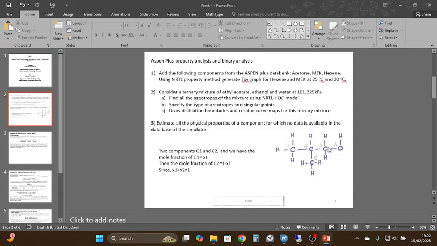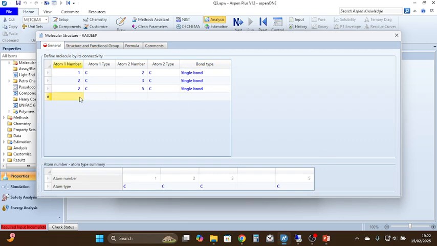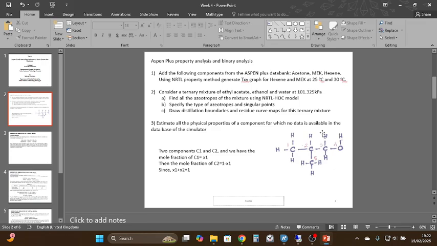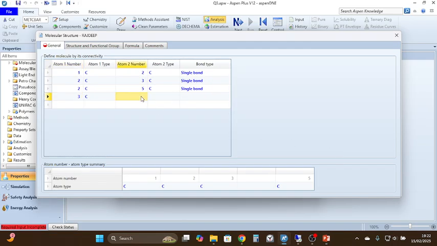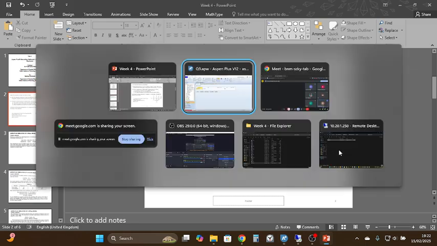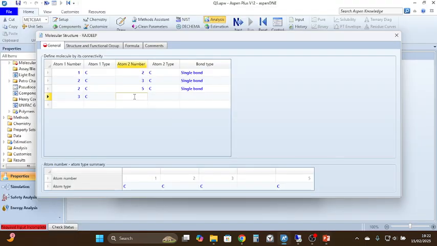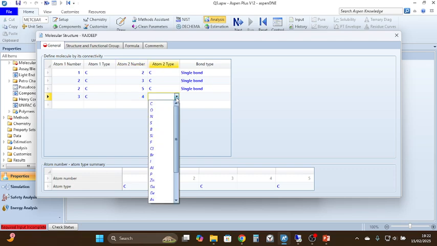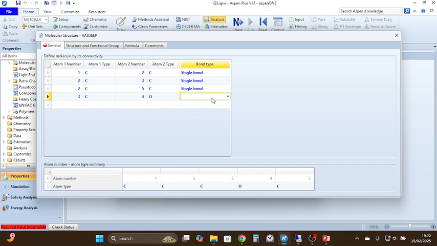Now atom 1 number is 3 because we are going to connect these two. This goes to atom 2 number 4. And this atom 2 type is oxygen, and this is also a single bond.